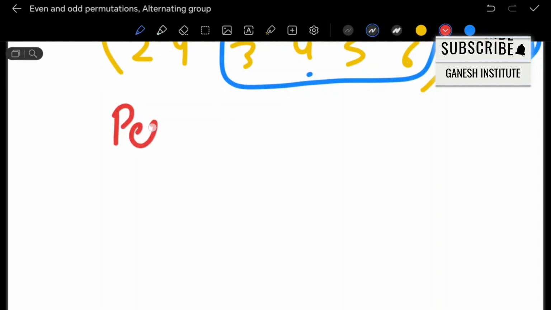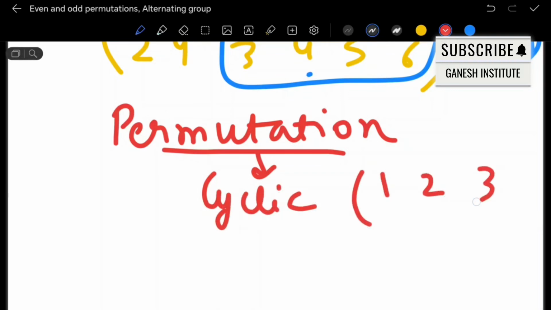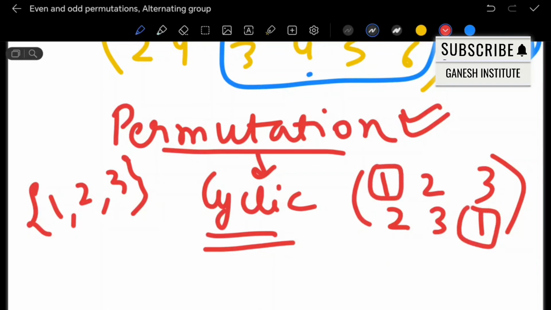You have a permutation, and you have found out that this is a cyclic permutation because it is connected in this manner: 1 is connected by 2, 2 is connected by 3, 3 is connected by 1, if I have considered only 3 elements from the set. We know that a permutation is a one-to-one mapping on itself. Cyclic means the end position and the first position are the same, and every other element maps to the next, forming a cycle.